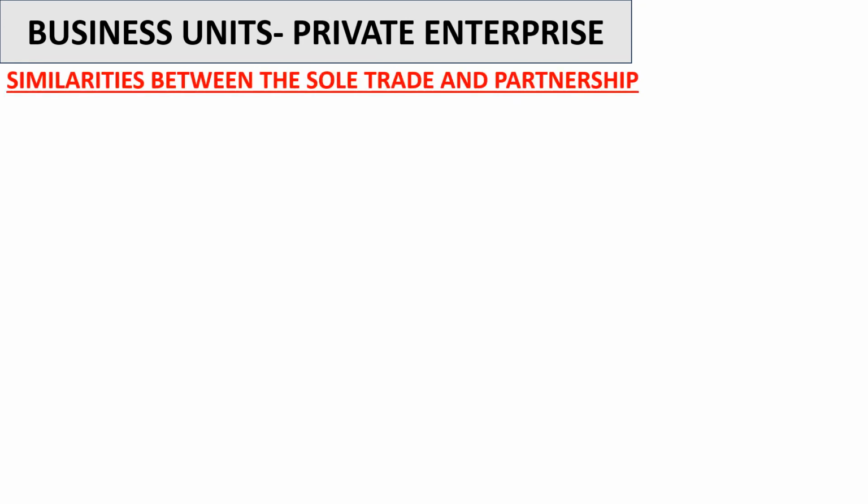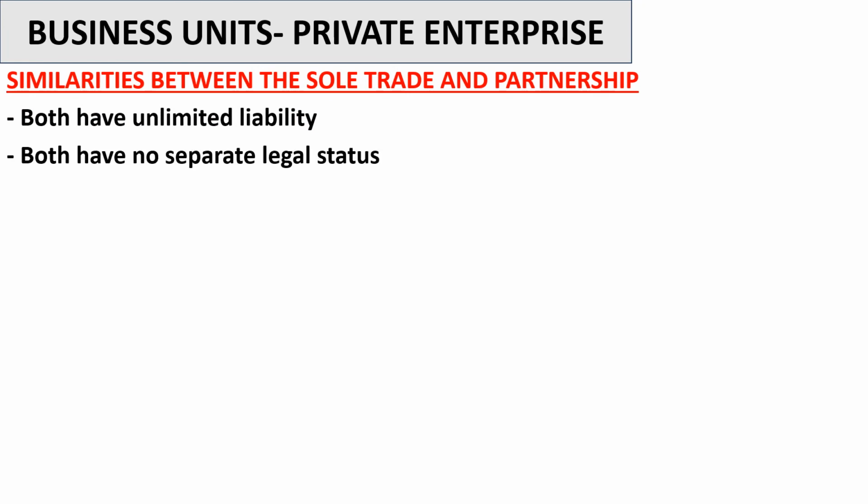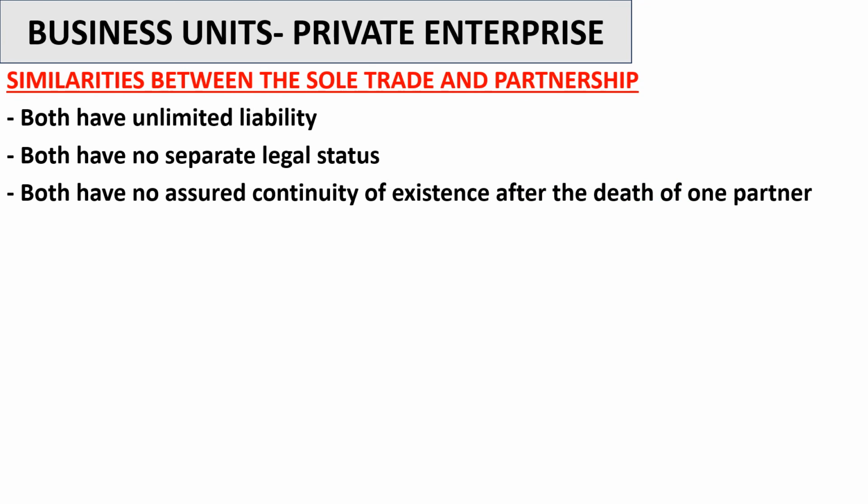So we're about to end the discussion, but before we conclude, let's look at the similarities and differences between sole trade and partnership. The similarities include both have unlimited liability, both have no separate legal status, and both have no assured continuity of existence after the death of one partner.